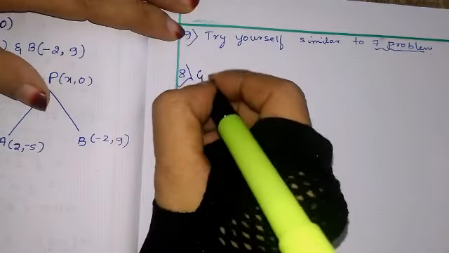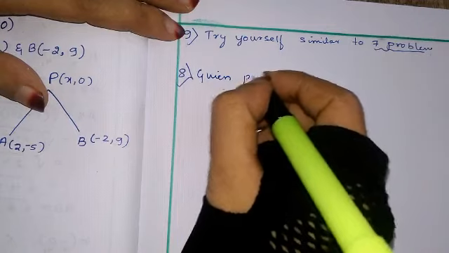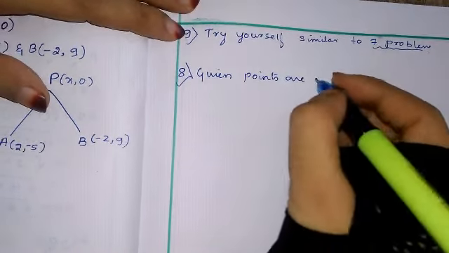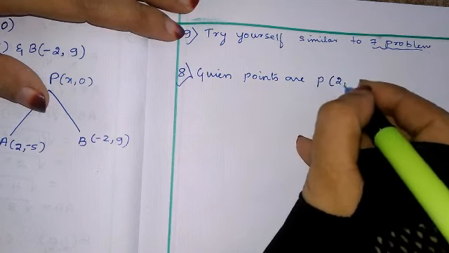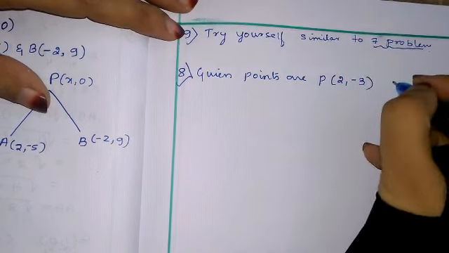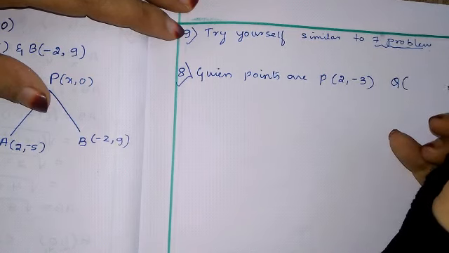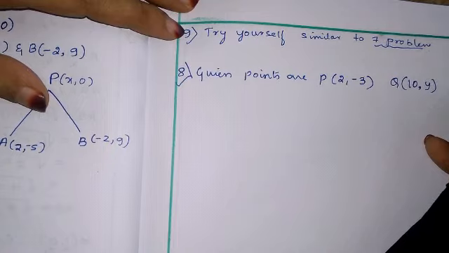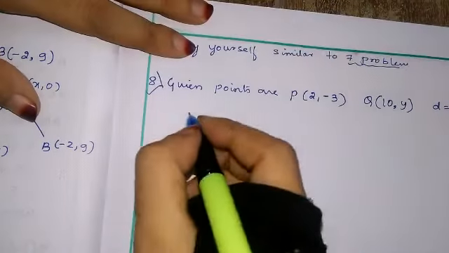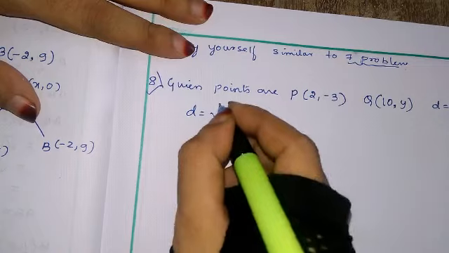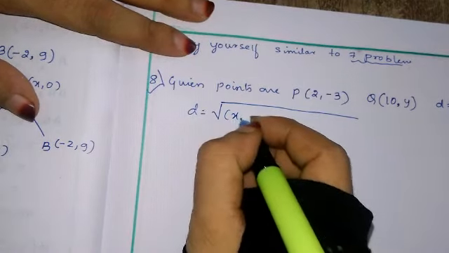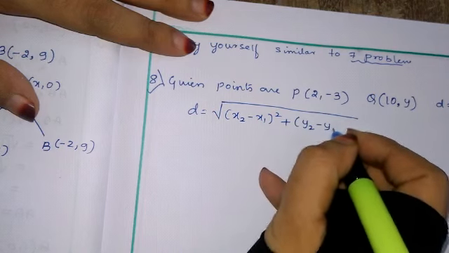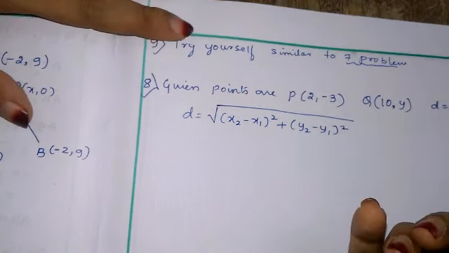The given points are P(2, -3) and Q(10, y), and D is equals to 10 they have given. Okay. Let us see. D is equals to root of (x2 minus x1) whole square plus (y2 minus y1) whole square. This is the formula.